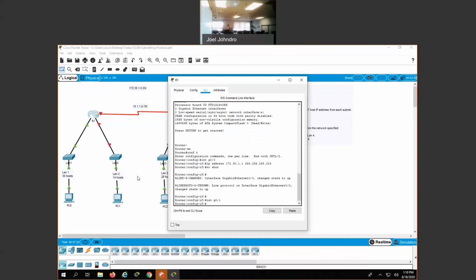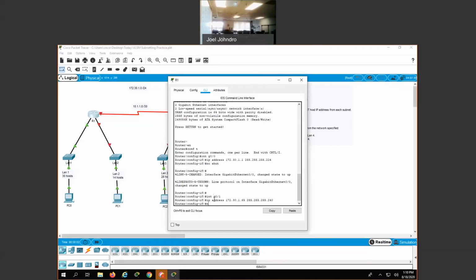That is connected to LAN 2. LAN 2 is the /28. Its network ID is 172.30.1.64. Its first usable is .65. Subnet mask on that network is .240. And again, we will enable the interface.